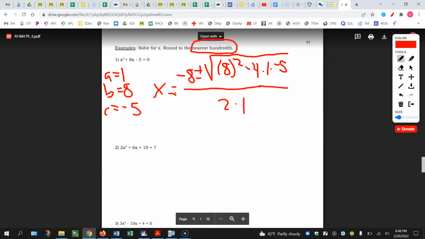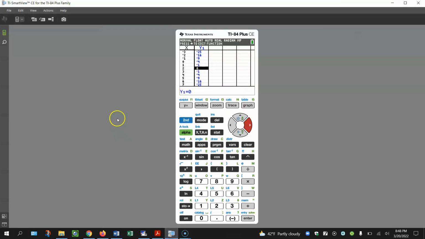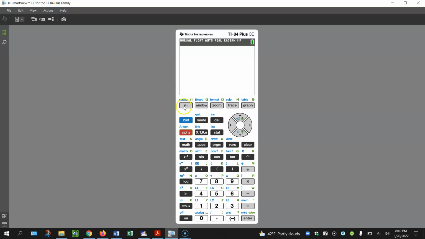And then from there, you're going to have to plug this into the calculator, one using the plus sign, one using the minus sign. Again, I don't have an Inspire at home here to show you, but you're going to do control divide on your calculators to get a fraction. Again, that's control divide. So you have negative 8 plus your square root, which is your yellow control button and then the x squared button.